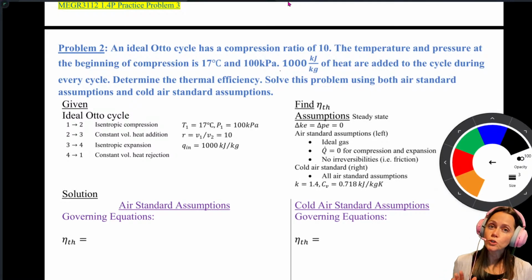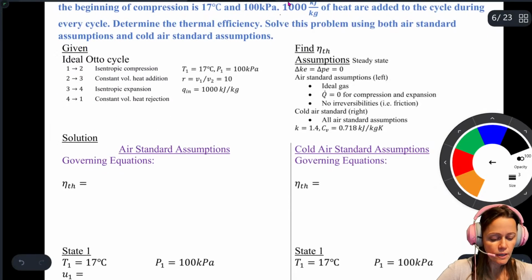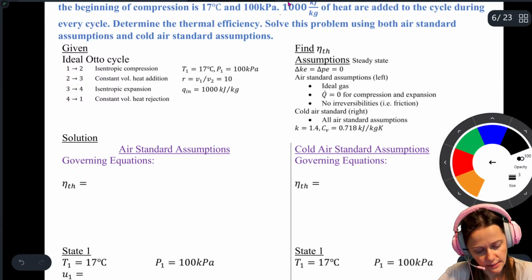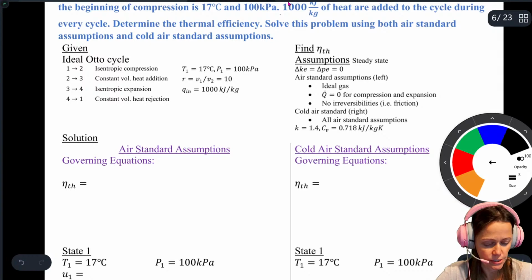We won't do this all the time, but I do want to show you how you can solve these problems both ways. On the left-hand side, we're going to use air standard assumptions, which is a little more difficult, and cold air standard assumptions on the right, which is a lot easier. Steady state doesn't really matter, but we are ignoring kinetic and potential energy changes.